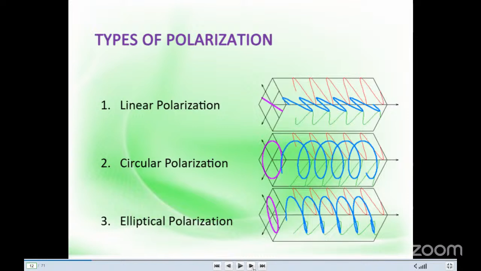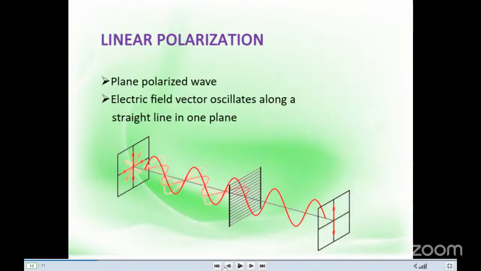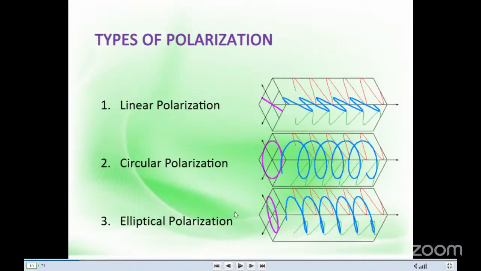Next, types of polarization: linear polarization, circular polarization, elliptical polarization. So linear means this, circular, and elliptical polarization.